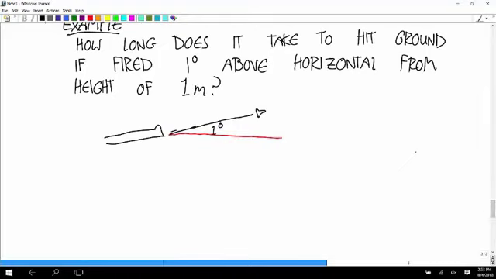And that's going to affect the time that it takes to hit the ground. Okay, so we have to choose these. Time equals 0 is when it's fired. Time final is when it hits the ground.